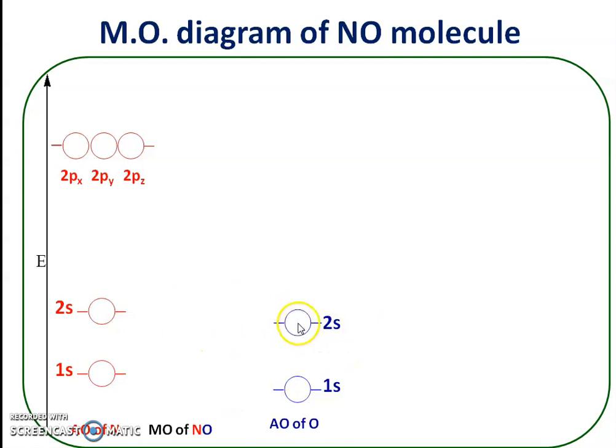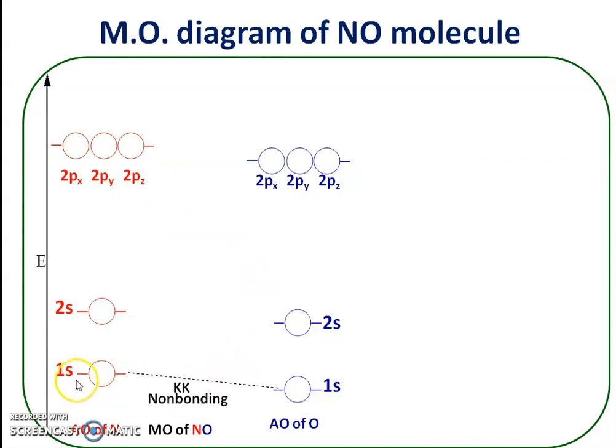It also has less energy than the 2s atomic orbital of nitrogen. And these are the 3 p orbitals of oxygen, that is 2px, 2py and 2pz. These 3 p orbitals again have identical energy, but their energy is less than the corresponding 2p atomic orbitals of nitrogen.